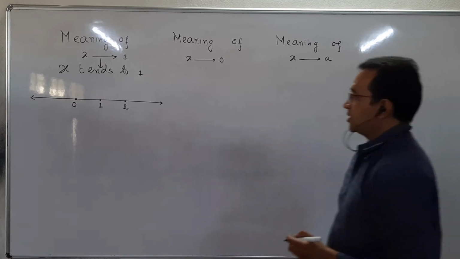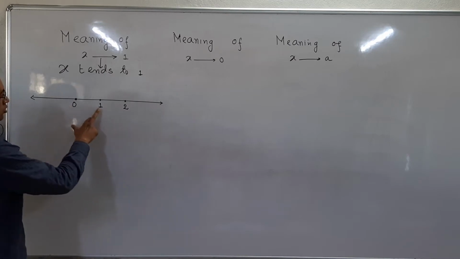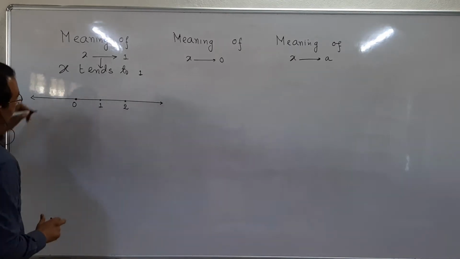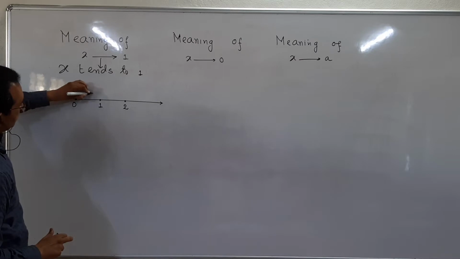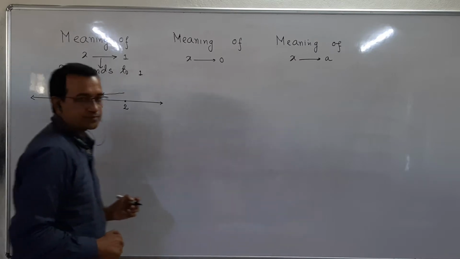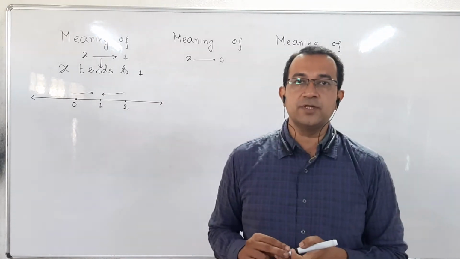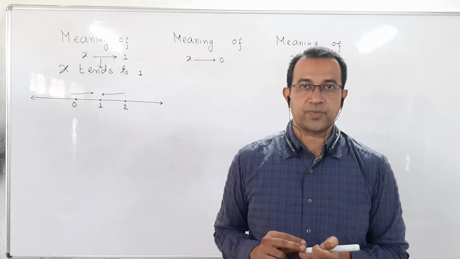Now, students, on the number line, we can approach 1 from two sides. This is from left hand side and this is from right hand side. That much all of you must carefully understand.